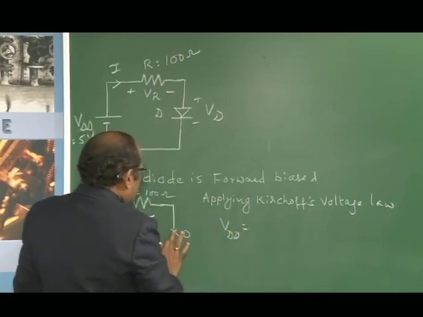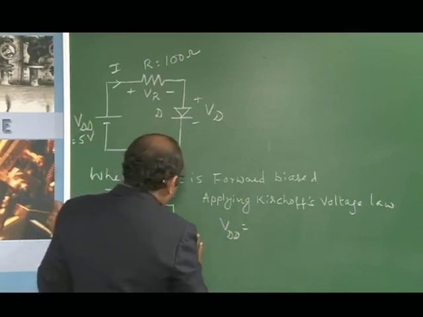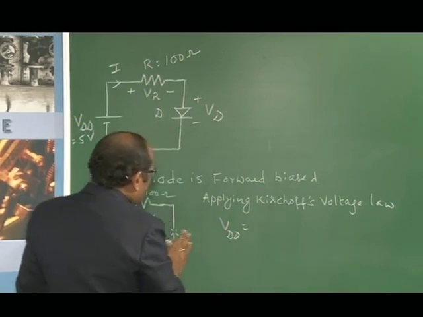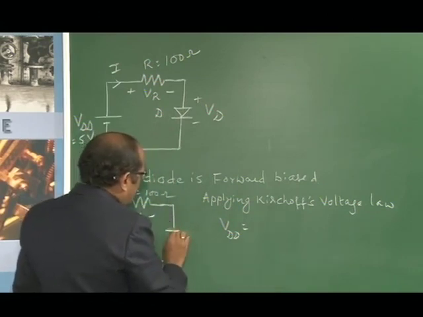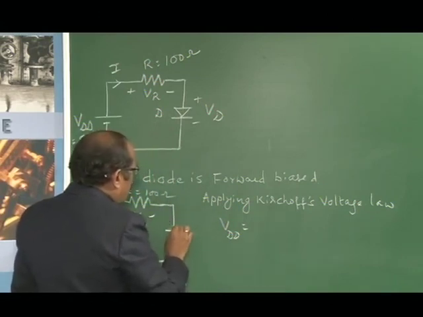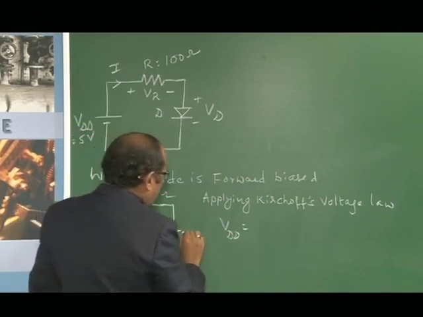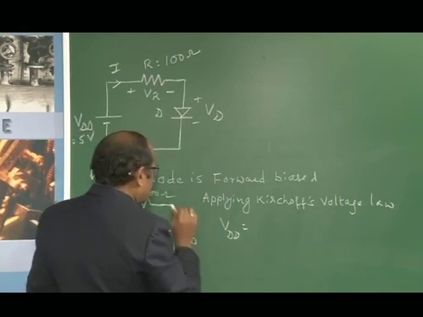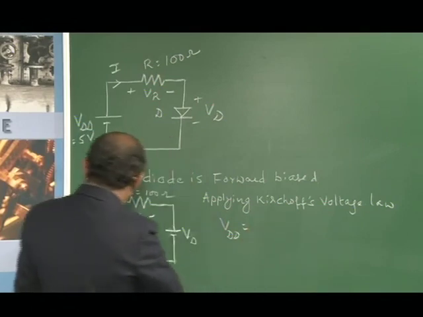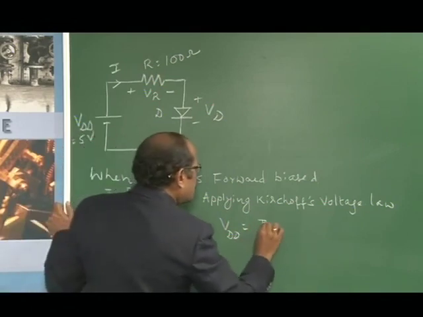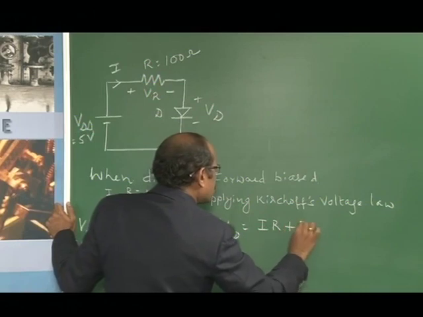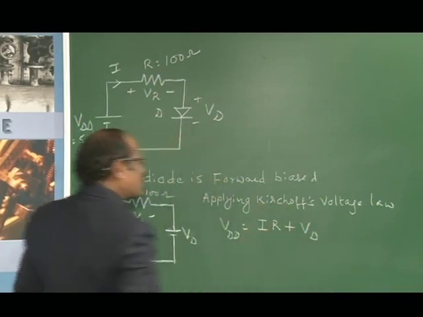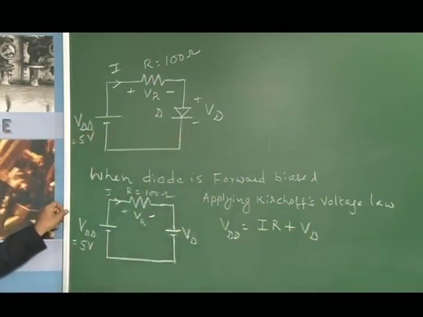Here we are assuming that instead of a short circuit, the diode provides a small DC supply, called VD, that is the voltage across the diode. Therefore VDD will be equal to I into R plus VD. So this is the equation we get.